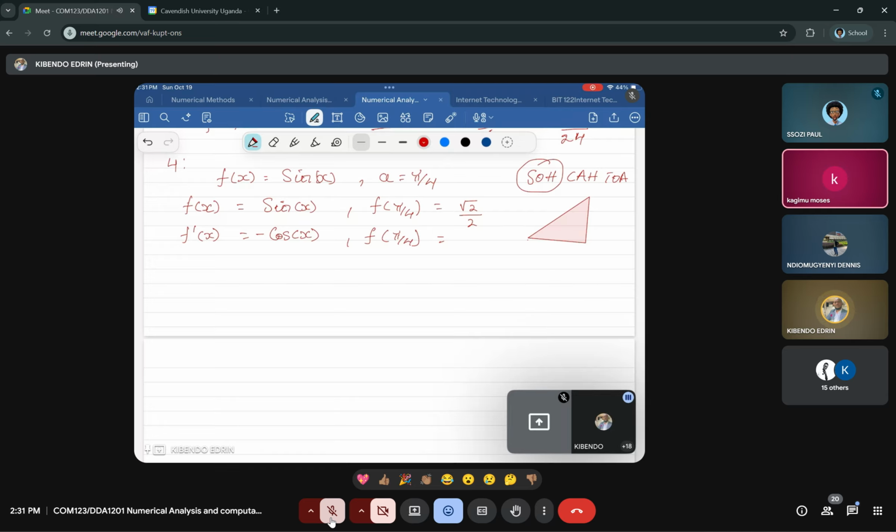Cos is the adjacent. You put adjacent 1, but I think opposite is 1, and it's negative, then I put root 2 out of 2. Negative root 2 out of 2.